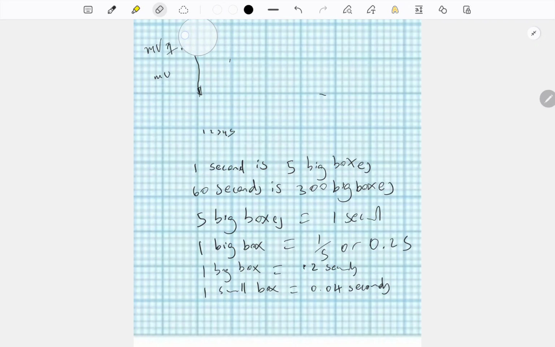Now, there's something else I would need to add here. 1 big box is 0.2 seconds, and we have 300 big boxes equal to 60 seconds.